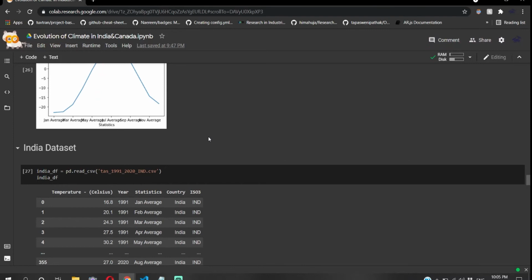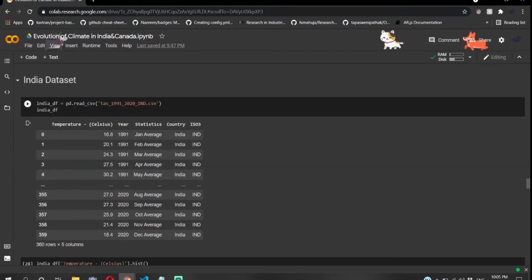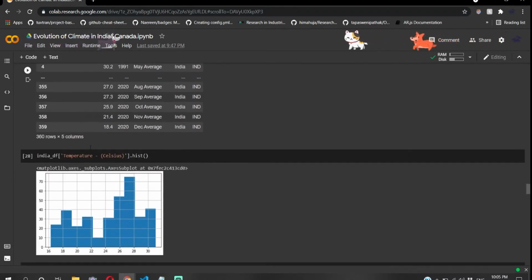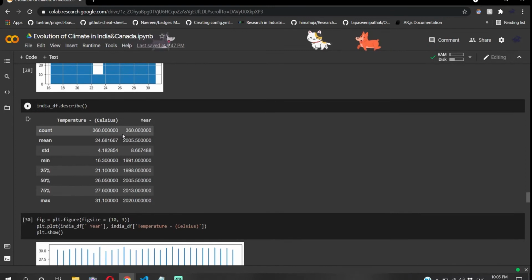For India, there has been a huge change after COVID, and the air pollution is very low because people were in their homes and there were no vehicles around. For India, I've read the CSV and done the same thing.